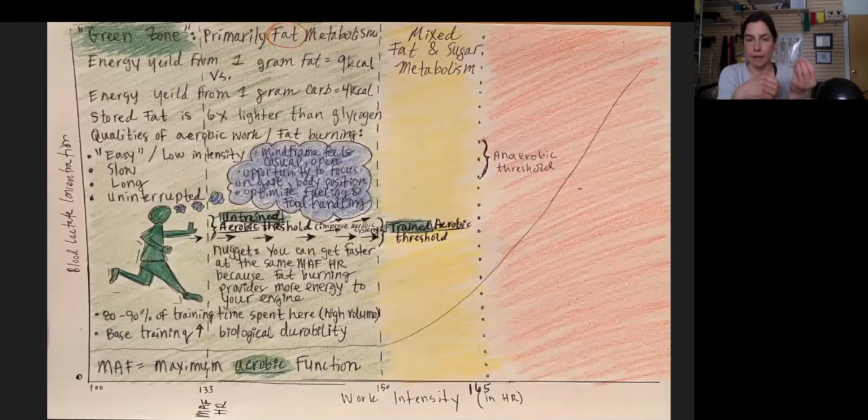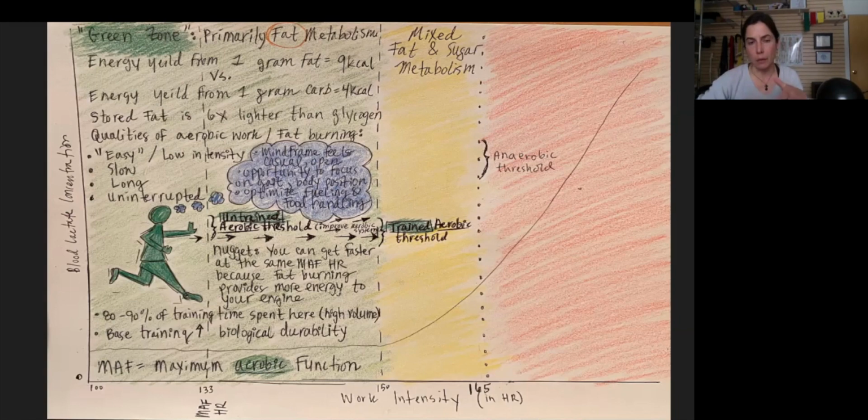So this MAF heart rate, he said, okay, not only are you fat burning, you can go long and slow, and you have controlled breathing, and you're not getting kind of freaked out nervous system wise. But also you're less likely to get injured because you're moving really well here.